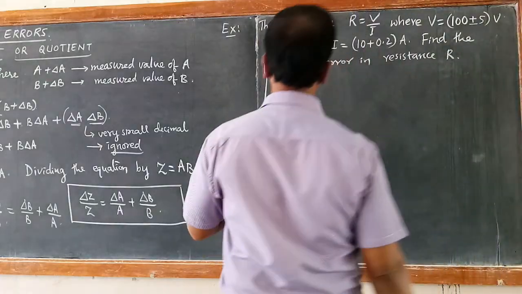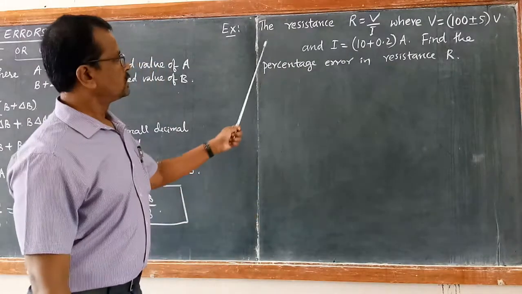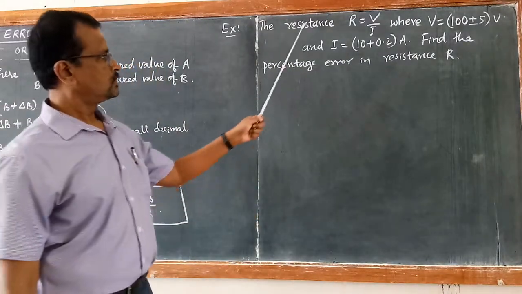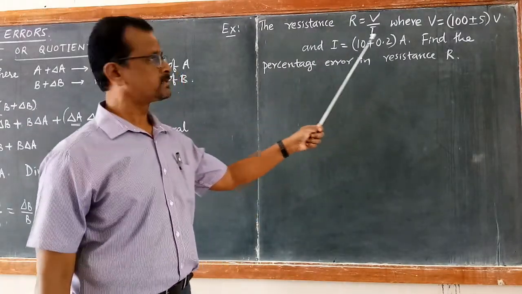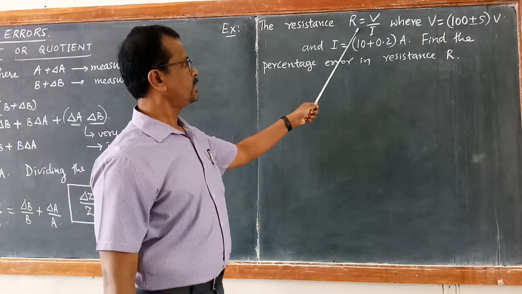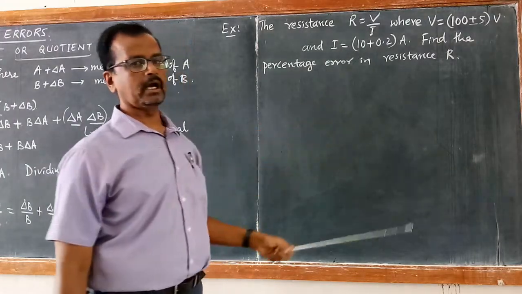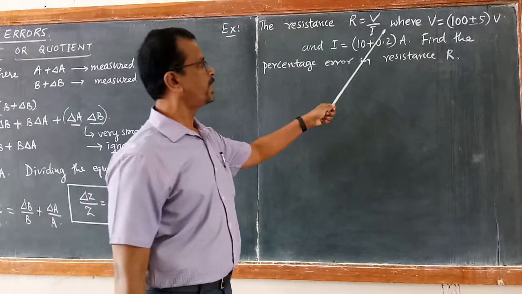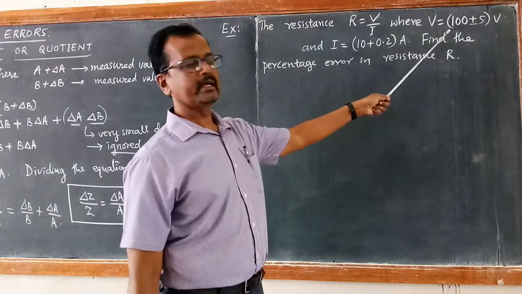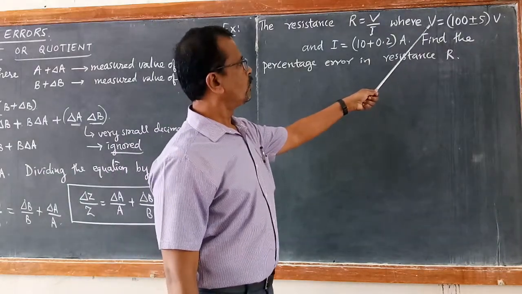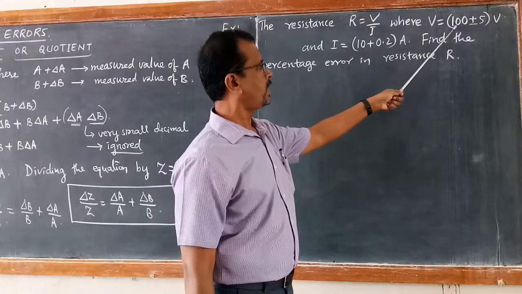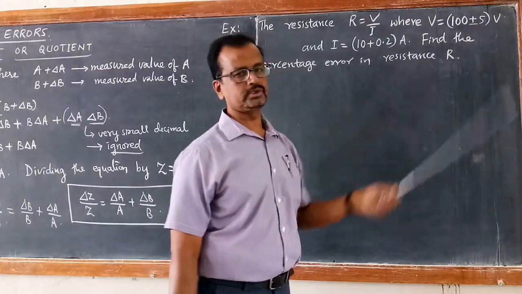Okay, look at this second problem. The resistance, Ohm's law, I think you have learned in 10th class. Resistance is given by the ratio of voltage to the current I. R is equal to V by I, where in a particular experiment the voltage V is measured to be 100 plus or minus 5 volts.